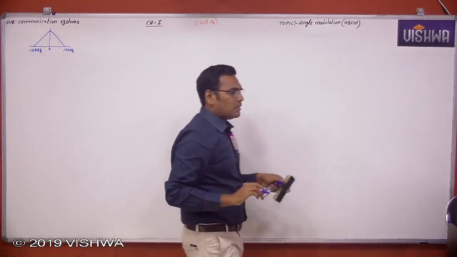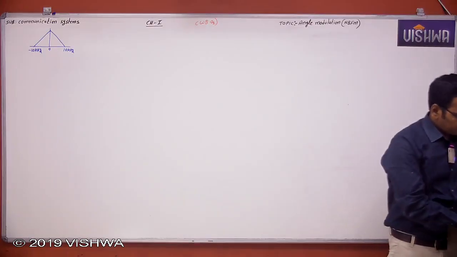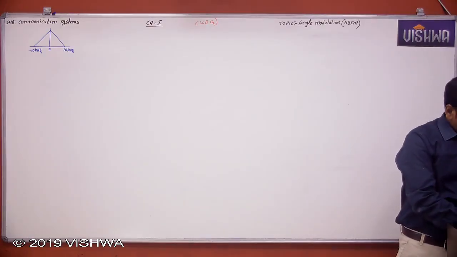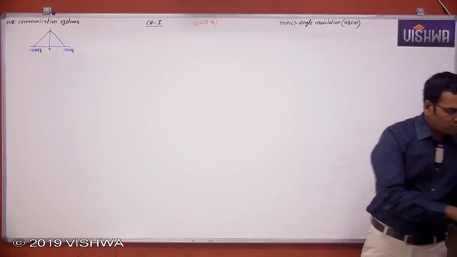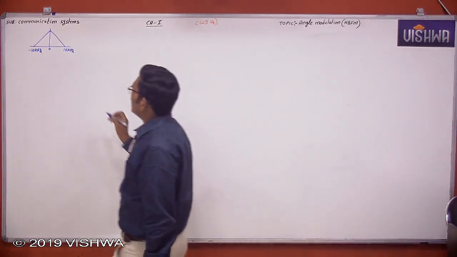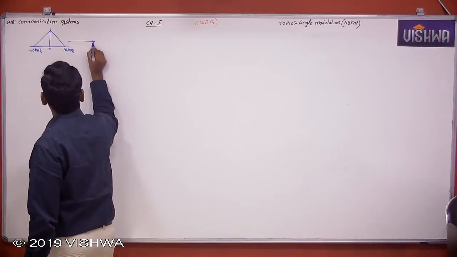So a message signal band limited to 10 kHz is lower sideband SSB modulated.